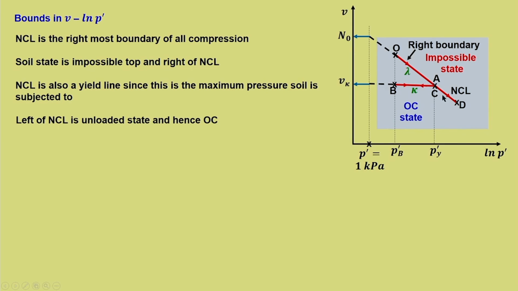So this particular portion represents the over consolidated state, where OCR is defined by P dash Y upon P dash B, where P dash Y is the yield pressure or the pre-consolidation pressure, divided by P dash B if this is the point of consideration. If it is another point, then the appropriate present stress has to be considered. So here OCR for point B is P dash Y divided by P dash B.